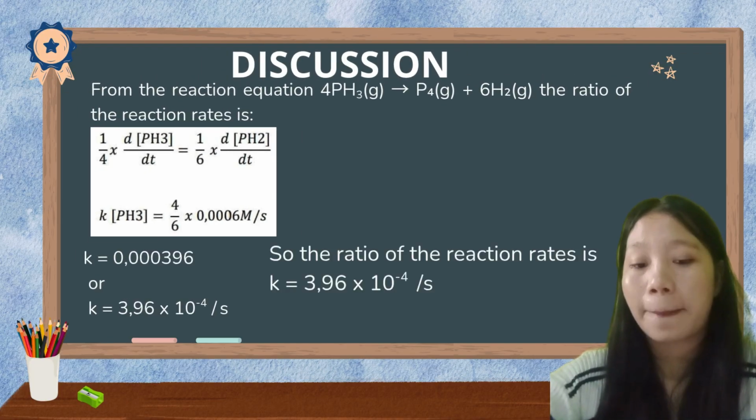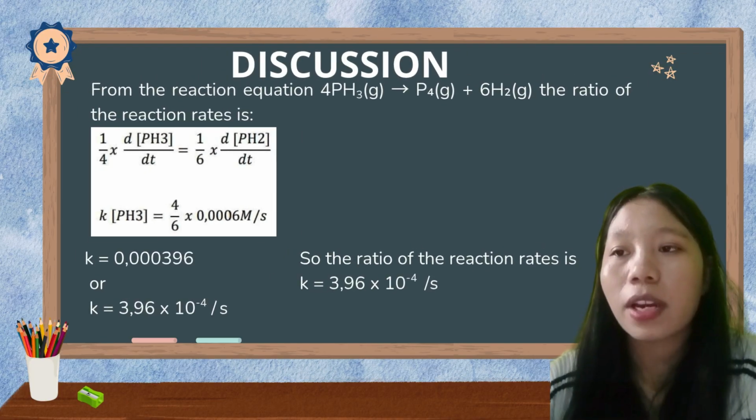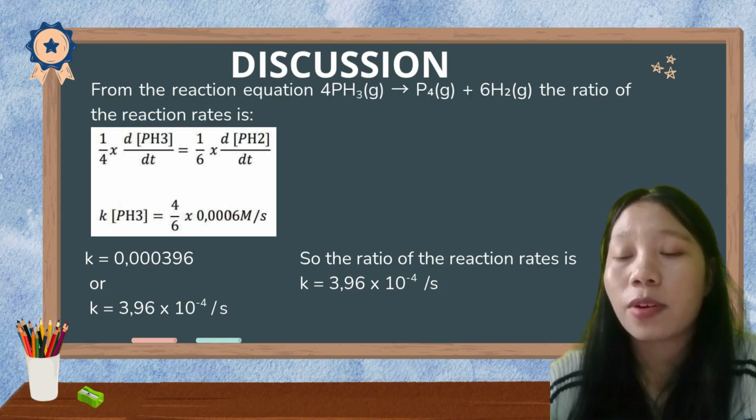Because from the reaction equation for PH3 producing P4 plus 6H2, the ratio of the reaction rate is 1 per 4 times the change in concentration of PH3 per dt equals 1 per 6 times the change in concentration of H2 per dt.